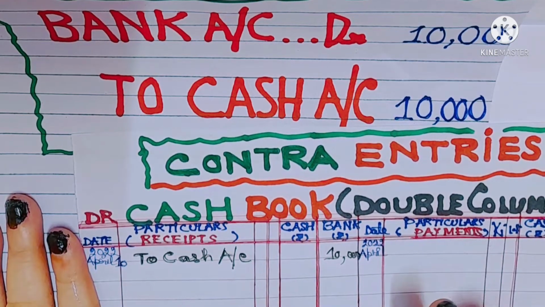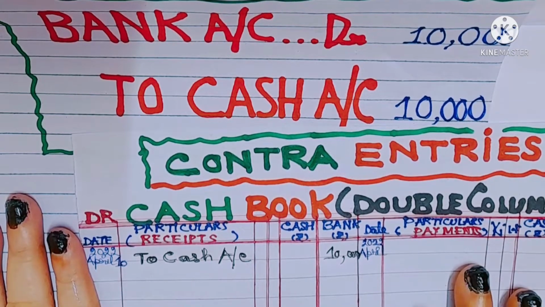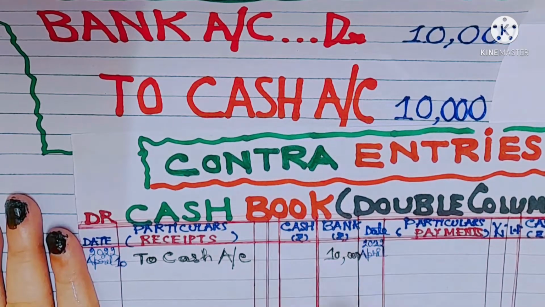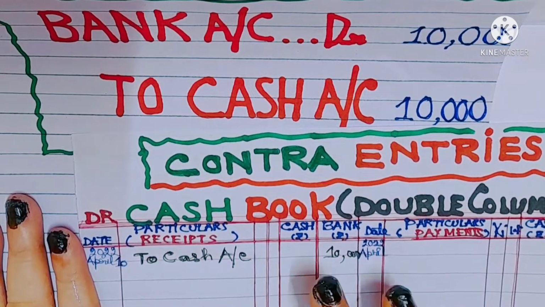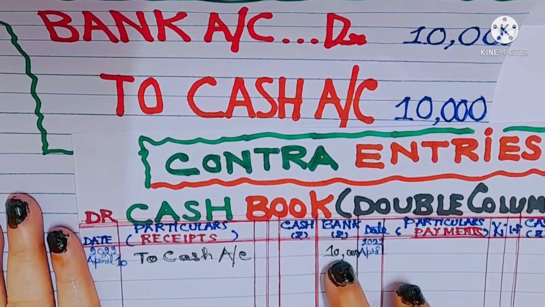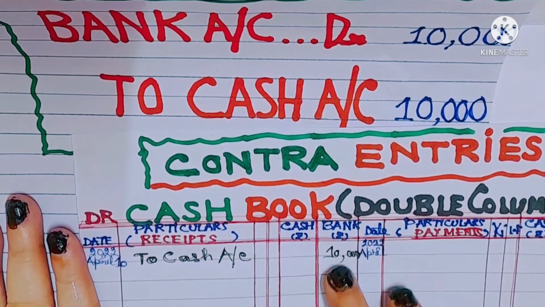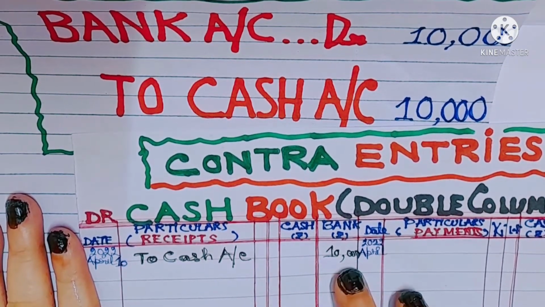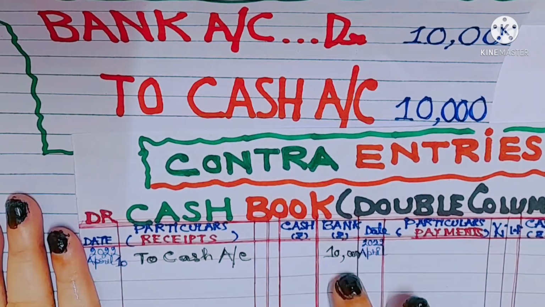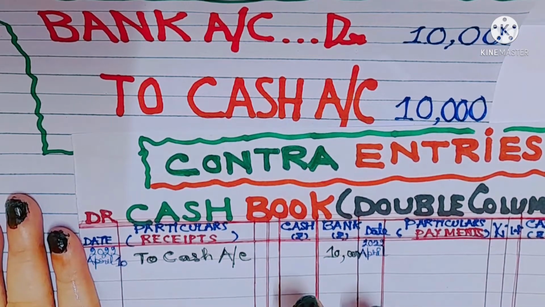Okay? So bank is the receiver of cash. So bank account will be debited. So when cash is deposited into bank, it increases the bank balance. The debit side bank balance increased by 10,000. Understood? That is the reason we have written the amount in the bank column. Understood? Not in the cash column.